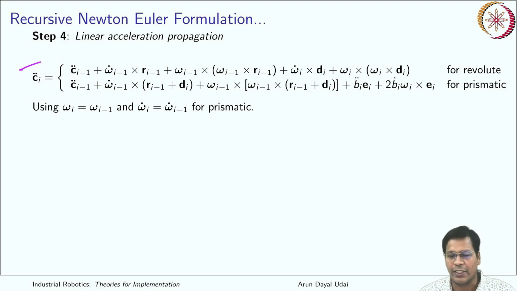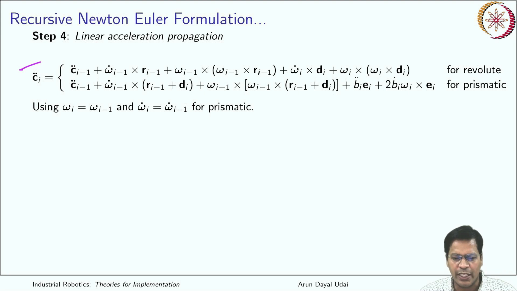This includes everything. A vector can change in two ways: first, due to the change in its magnitude, and second, due to the change in its direction. And if the direction is changing, you have to take the cross product with the direction. So that is what is done over here.